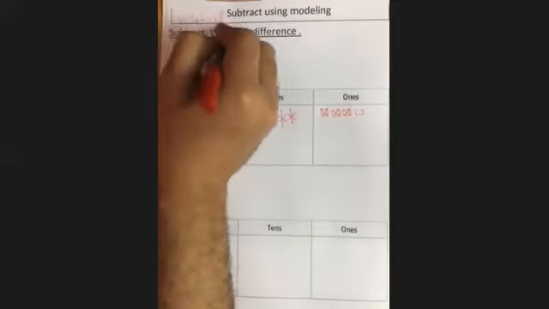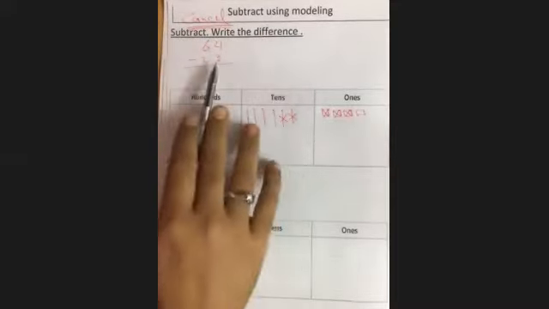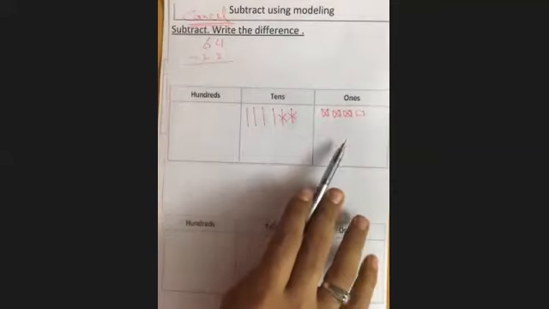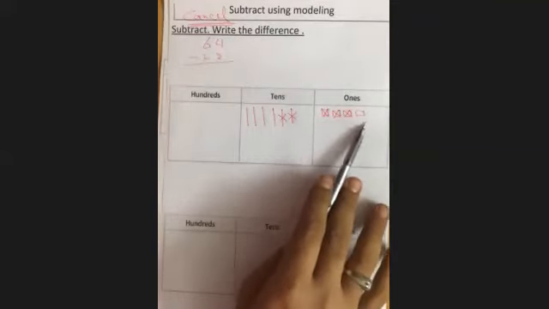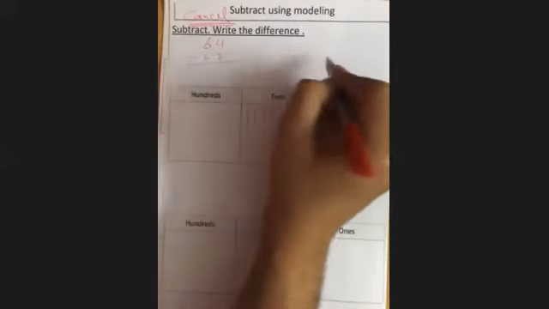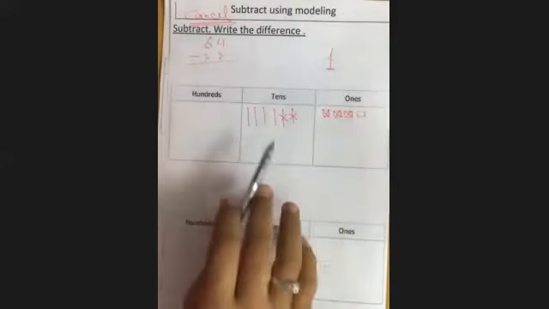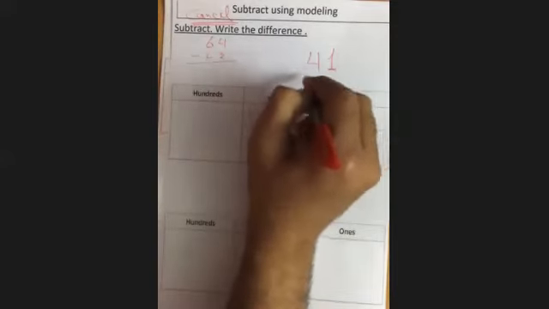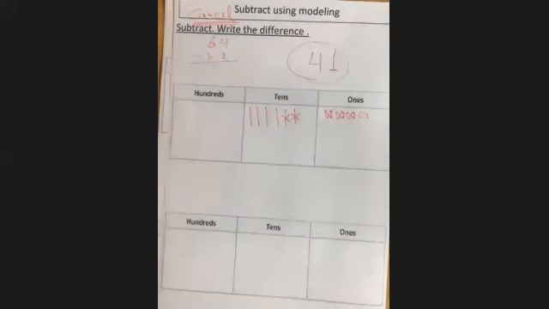I cancel 3 from ones and 2 from tens. I will write now the remainder. In ones, the remainder is 1. And for tens, the remainder is 4. So the answer is 41.